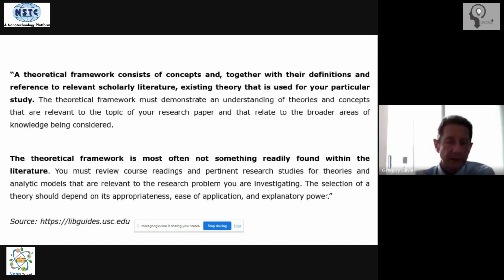This is gleaned from the internet. Basically, I'm going to abbreviate this section. A theoretical framework consists of concepts together with their definitions and reference to relevant scholarly literature. However, I'm going to skip to the next paragraph. Let's remember that the theoretical framework is most often not something easily found in literature.